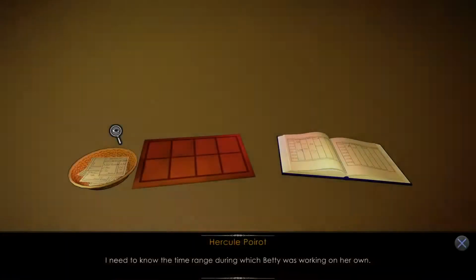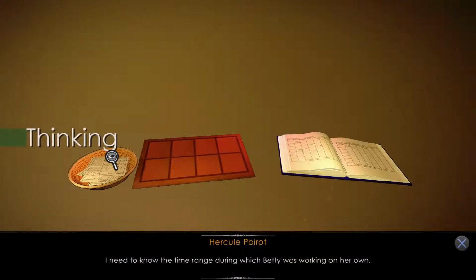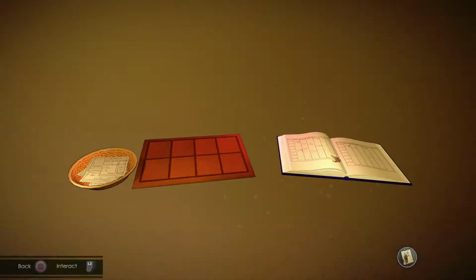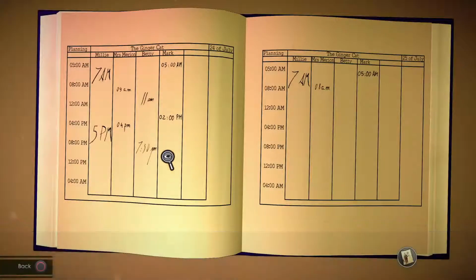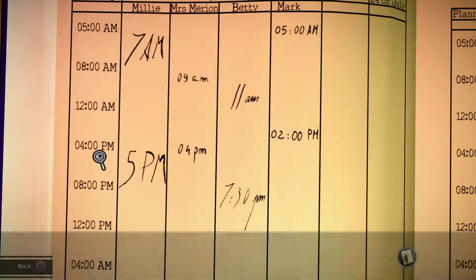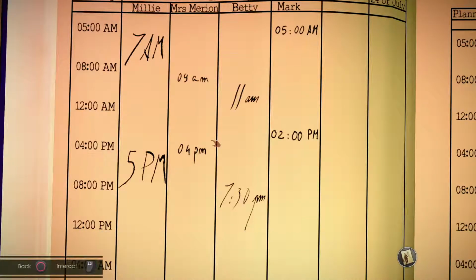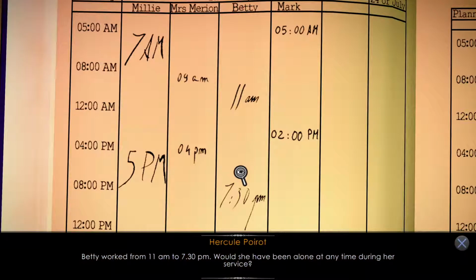I need to know the time range during which Betty was working on her own. This page won't help me. Where is Betty?